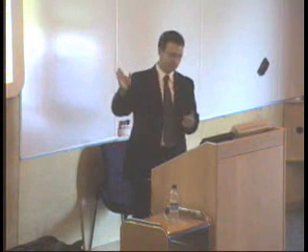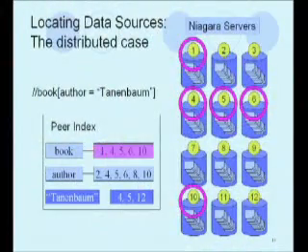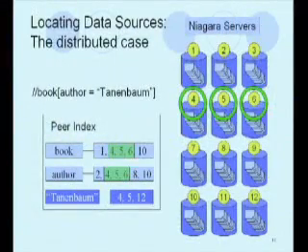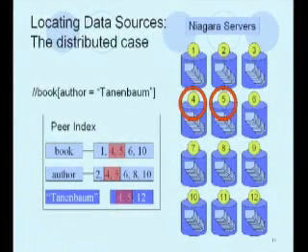For this specific query, first we take the book node list, and we find which nodes have book in their data. Then we intersect with the author node list and narrow down further, and then with the Tannenbaum node list, and find out that nodes 4 and 5 have the relevant data to this query.